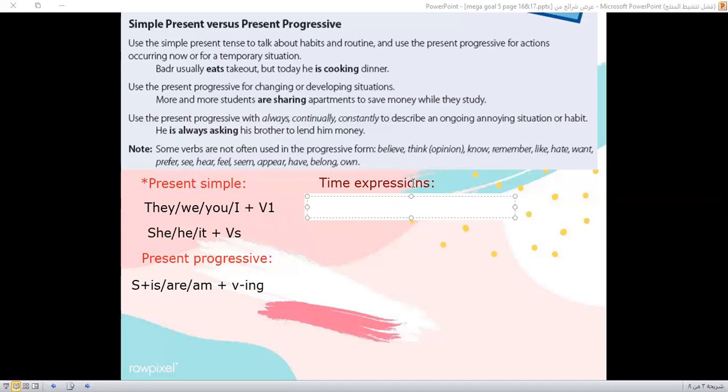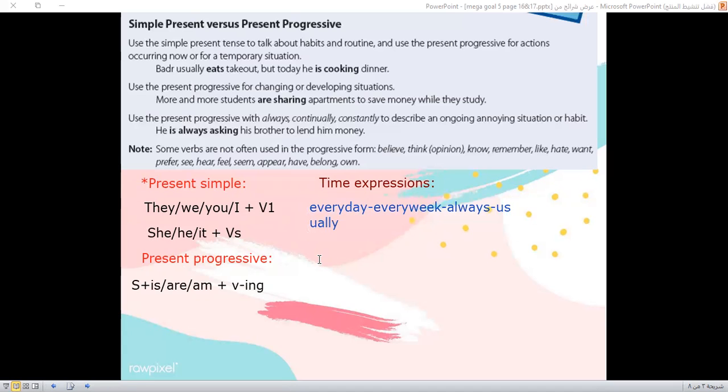For example, you're most likely to find in the sentence every day, every week, every year, something as a routine. Every morning. Also always, usually. It's going to be in the present simple.